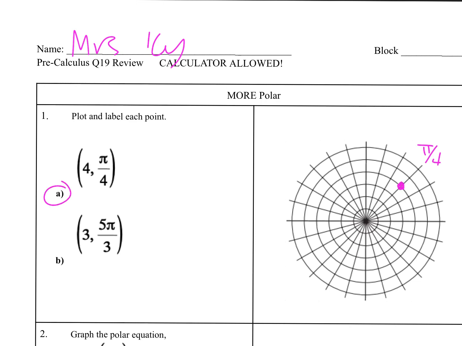That's the first one. And then the second one, 5 pi over 3. That's almost 6 pi over 3, but not quite. So that's pi over 6, pi over 4, pi over 3. So that's here, and then 1, 2, 3. So it's right there.